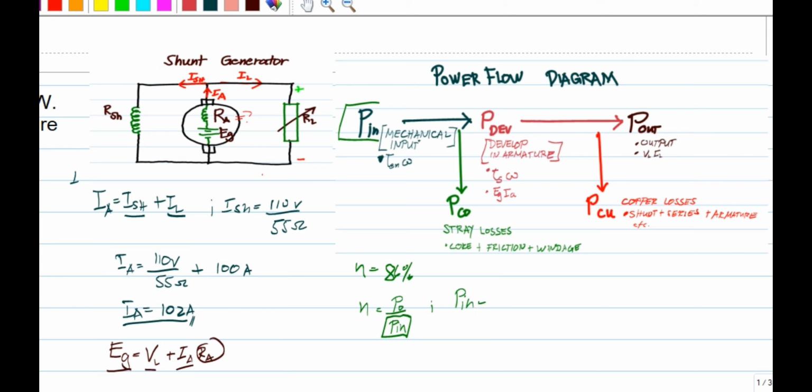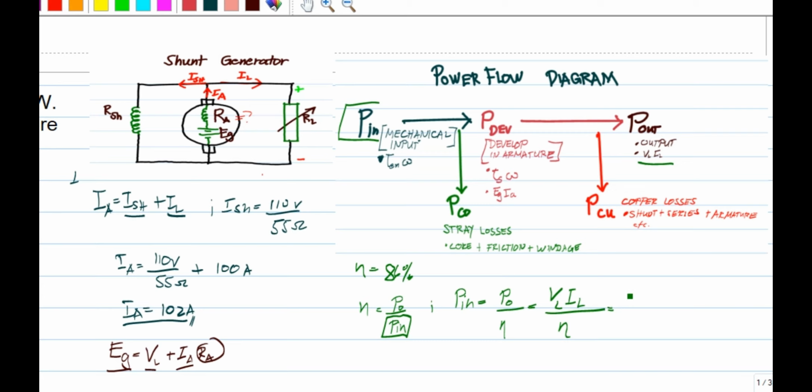P input is equal to P output over efficiency. P output is only VLIL, over the efficiency of 86% from the given.